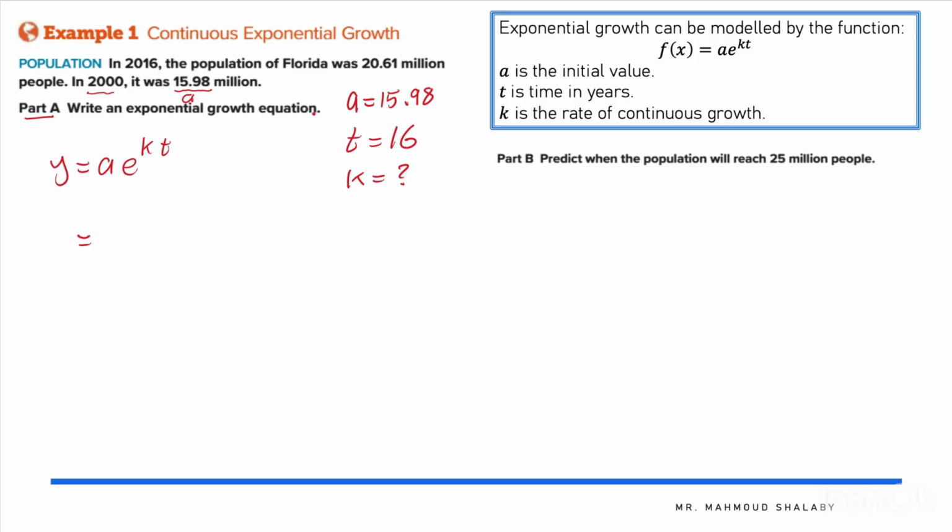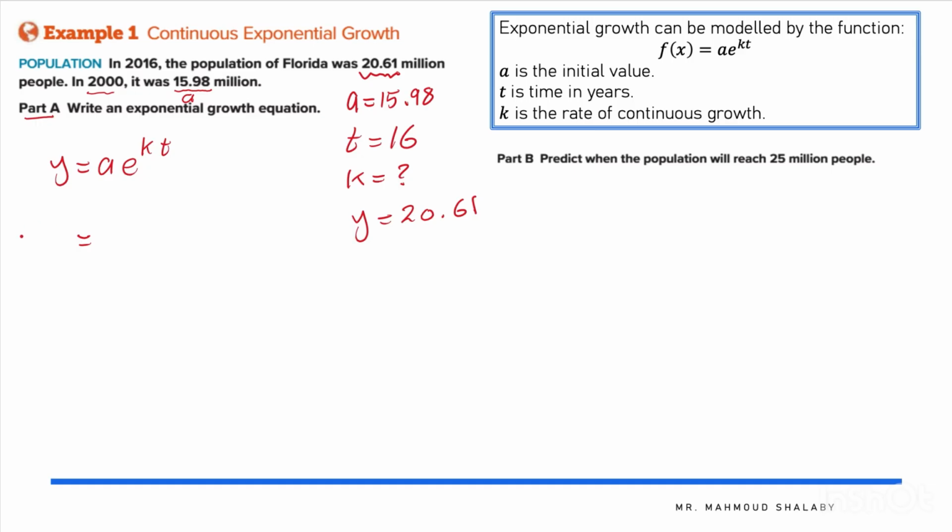Then if you have any additional information, you will add it later. After 16 years the population increases from 15.98 to 20.61. So y equals 20.61, because this will be the result after applying this rule.